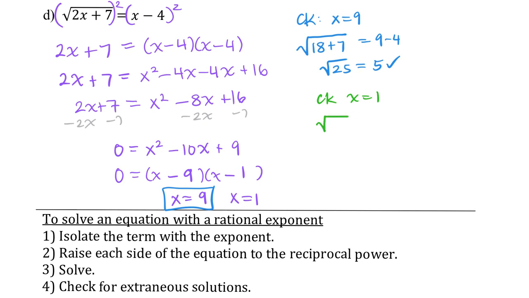What is that? 2 times 1, 2 plus 7 equals 1 minus 4. The square root of 9 is negative 3? Not so much. So this answer doesn't work, even though I showed my work correctly and I solved it. I actually only get one answer. x equals 9 is the only valid answer.